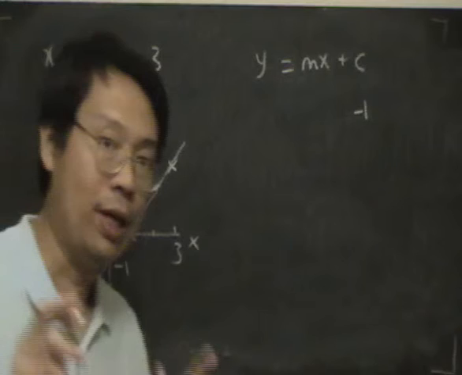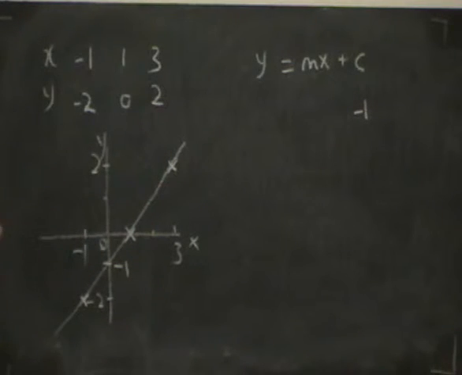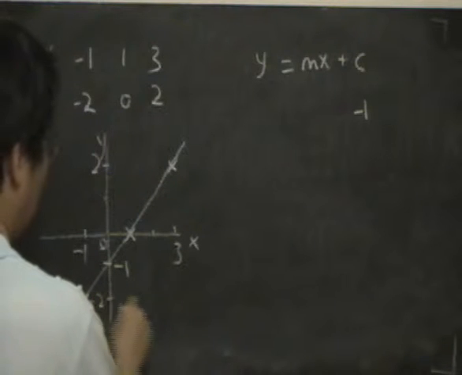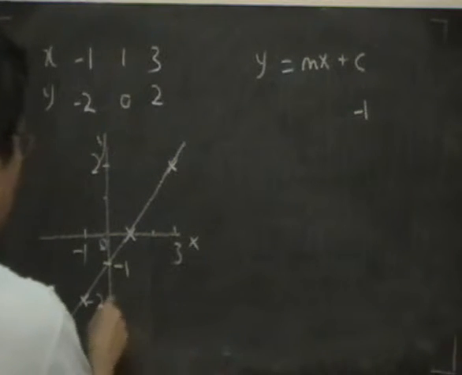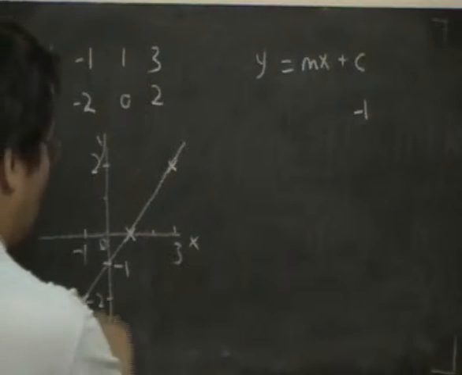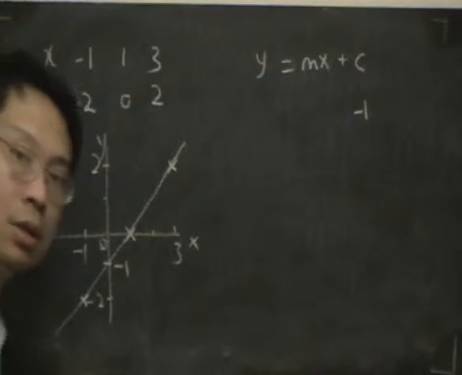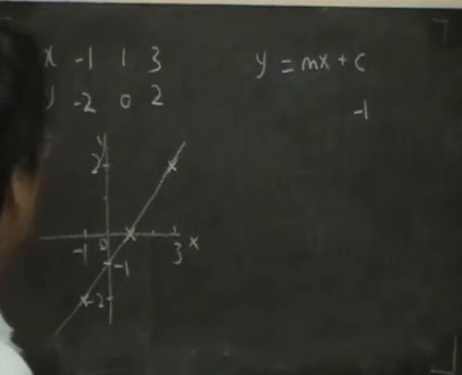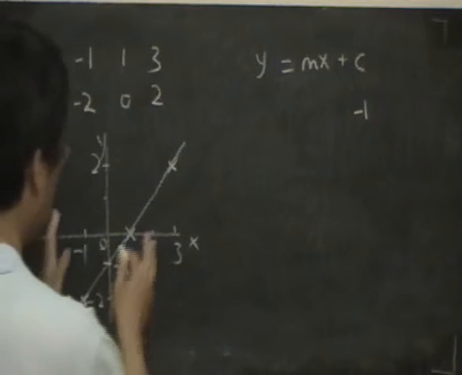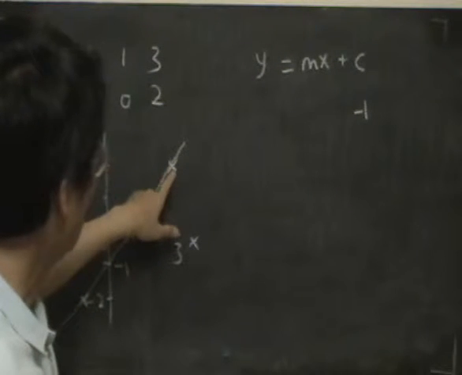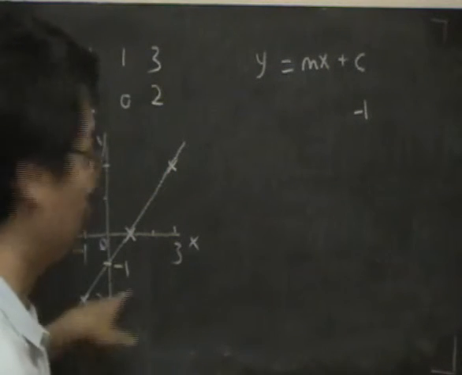Now to find the gradient, the way is to draw a right-angled triangle with a vertical side and a horizontal side over the line. It is convenient to use the points that we already have.